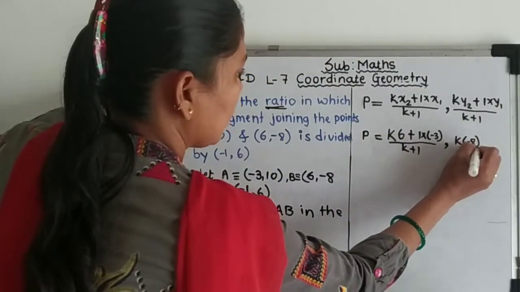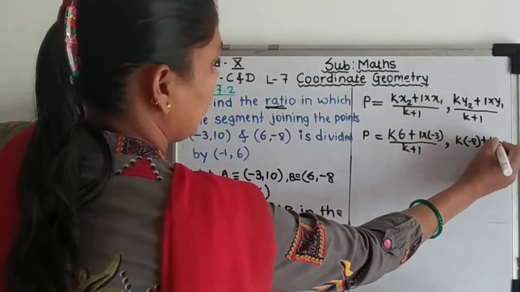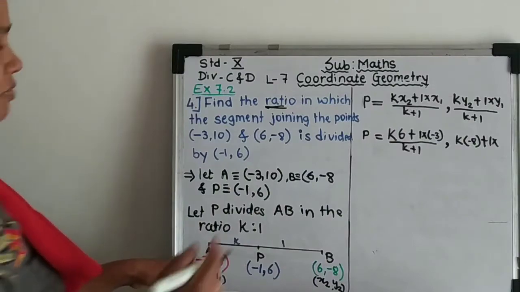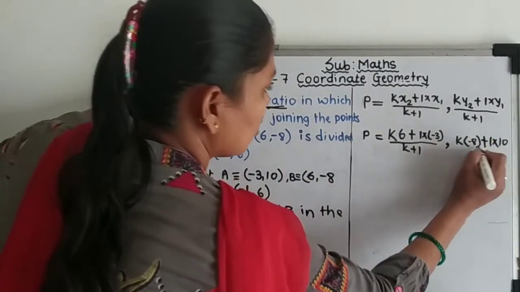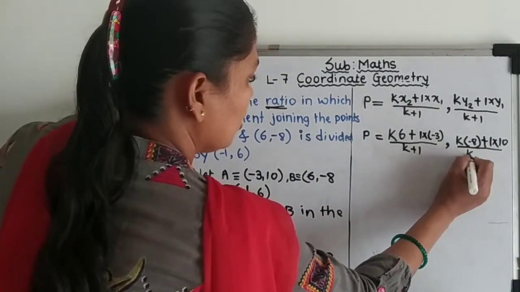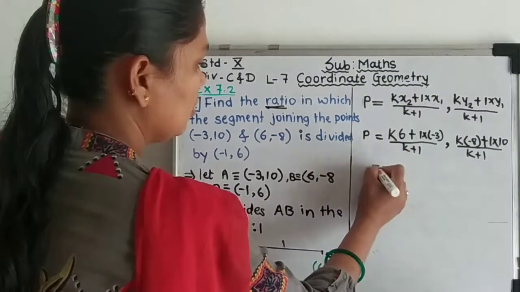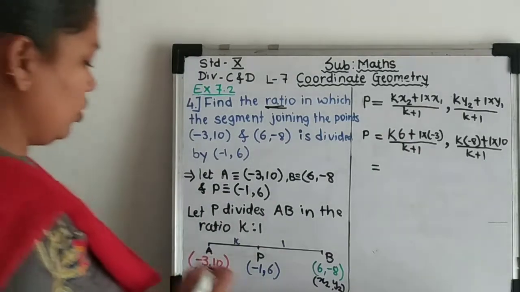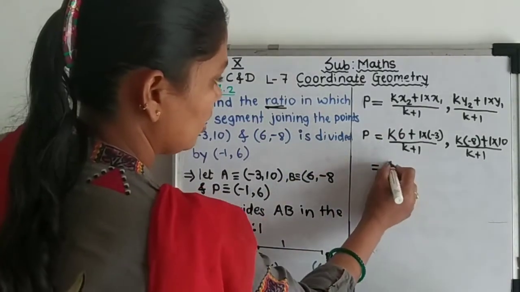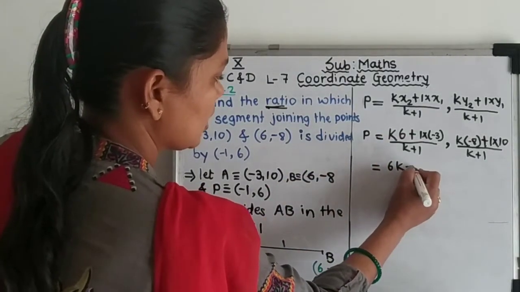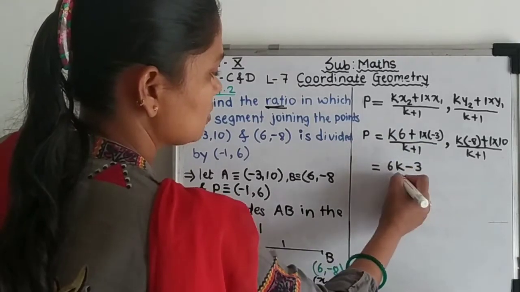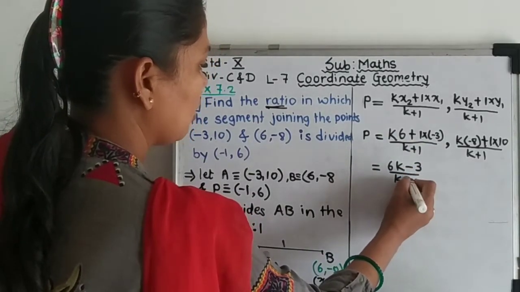So we will write -8 plus 1 into y1, y1 is 10, upon k plus 1. Right? Now here we got 6k. I'll write it down properly. So 6k, 3 ones are 3, that is -3 upon k plus 1.